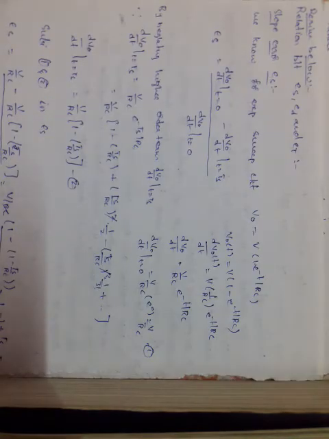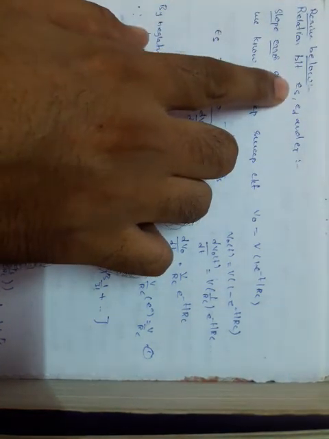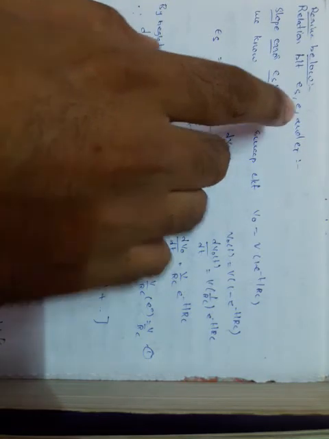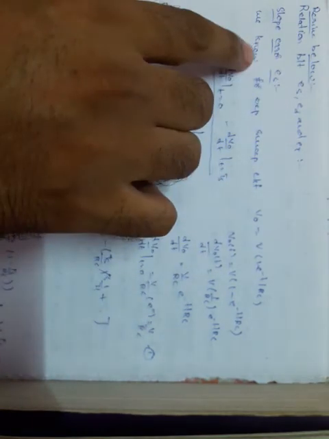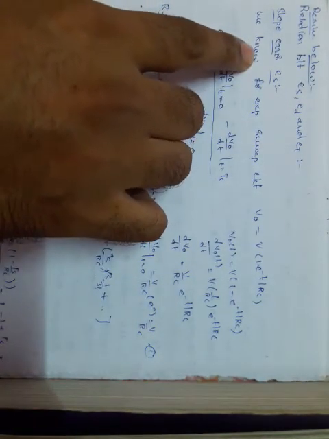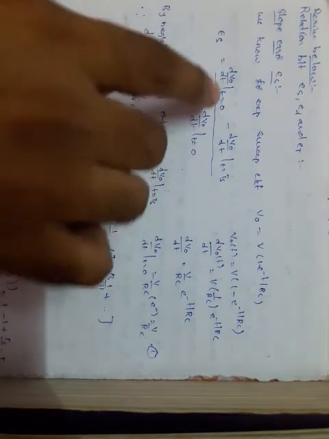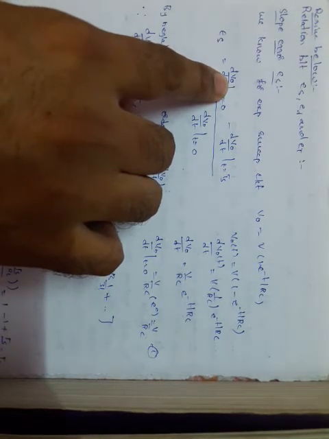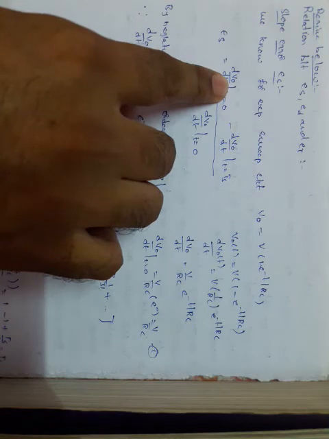Next, we have to derive the relationship between Es, the slope error, Ed, the displacement error, and Et, the transmission error. For the slope error, remember the formula from the previous lecture. Here we have taken V naught, which is V naught equal to V into 1 minus exponential minus t by RC.